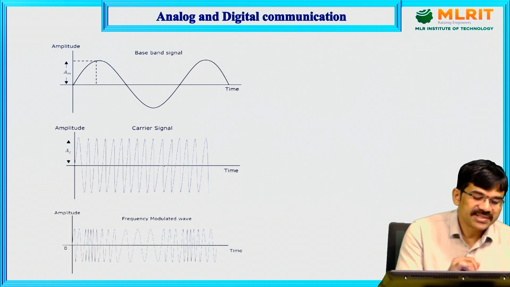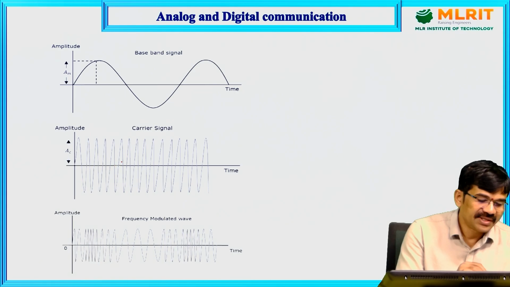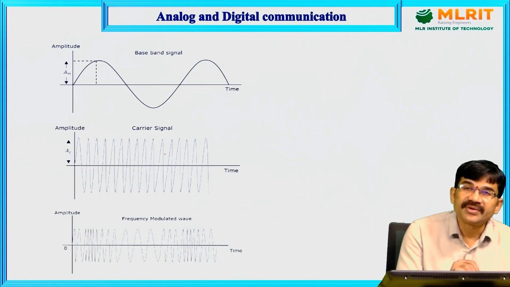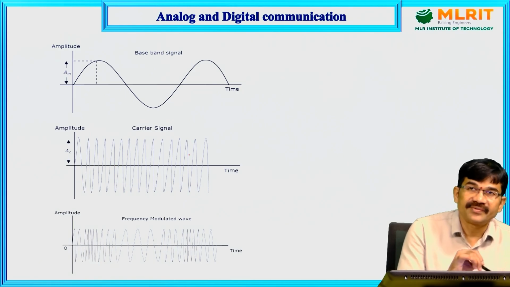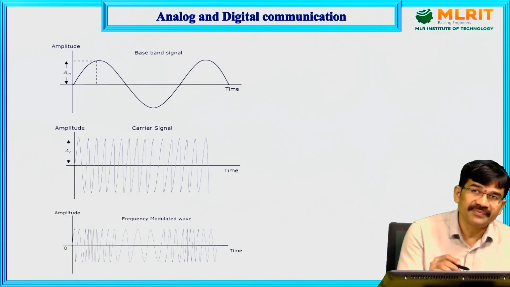The carrier signal is a constant signal, but the frequency range in which we operate the carrier is 88 to 108 megahertz.